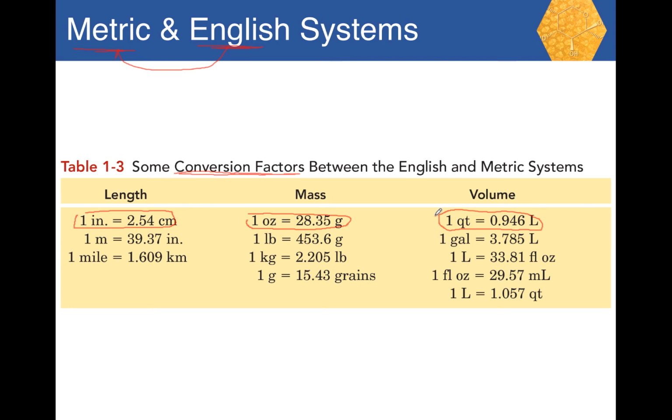So again, these are called conversion factors. You will need a conversion factor each time you convert from one measurement to another measurement in a different system. Let us see how we apply that.